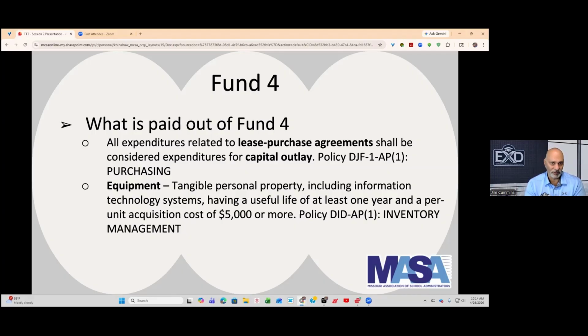And then there's some tricky items. Let's say you have a lease purchase agreement of $50,000 for $250 Chromebooks. Well, the Chromebook itself, the $250, does not meet the dollar threshold, but the statute says that lease purchase agreements should be capitalized.